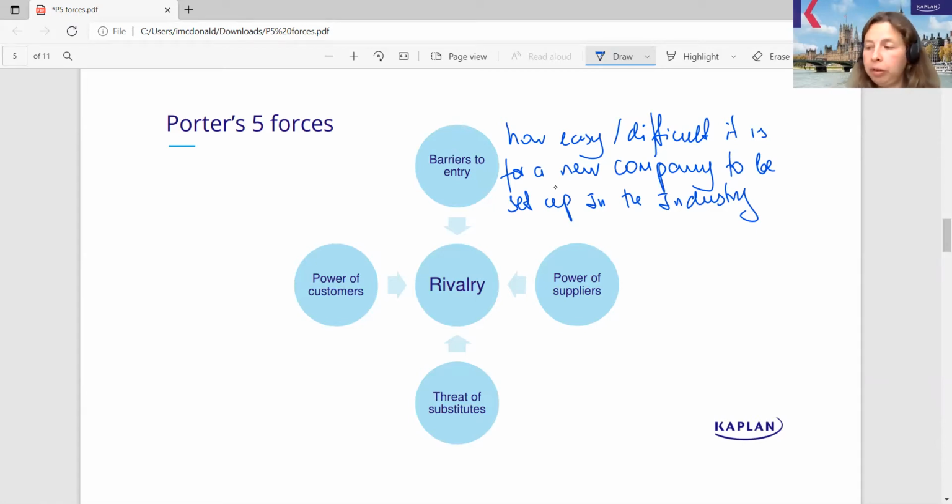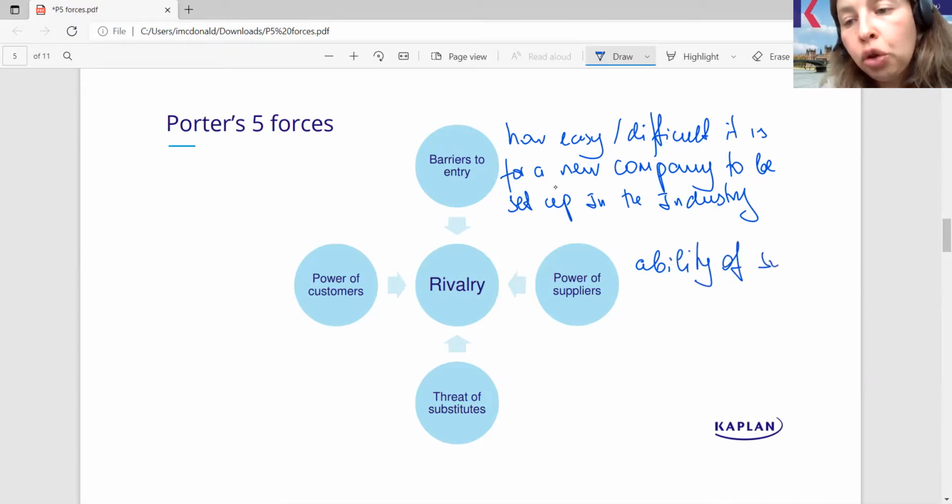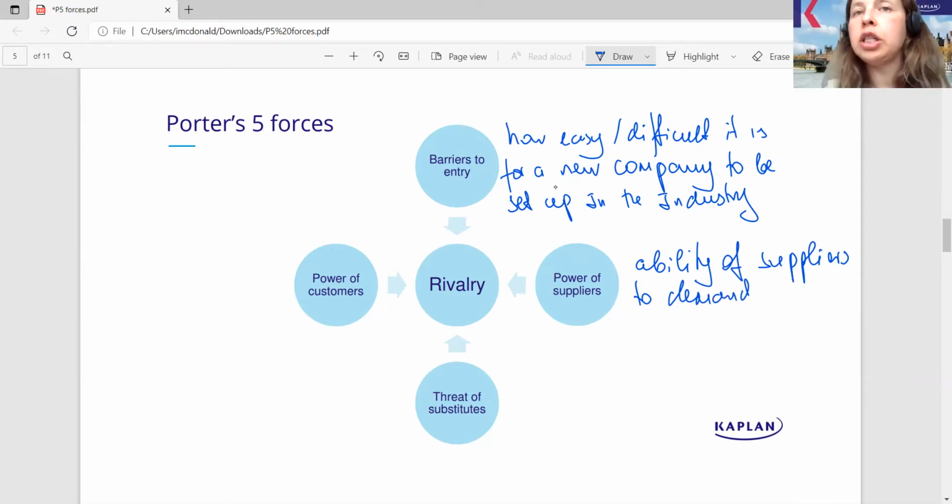So power of suppliers talks about the ability of suppliers to demand. Of course, what would suppliers want to demand? They would want to have higher prices for the raw materials that they provide.